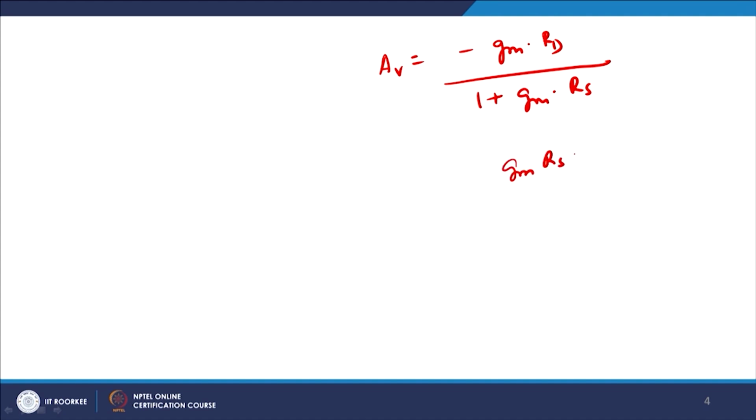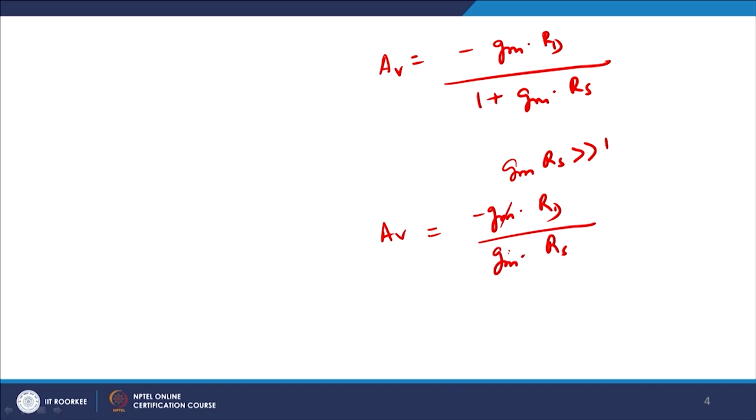Now, let me write this in a clearer fashion: Av equals minus gm times Rd upon 1 plus gm times Rs. Obviously gm times Rs is much larger than 1, therefore I can safely write Av equal to minus gm times Rd divided by gm times Rs.